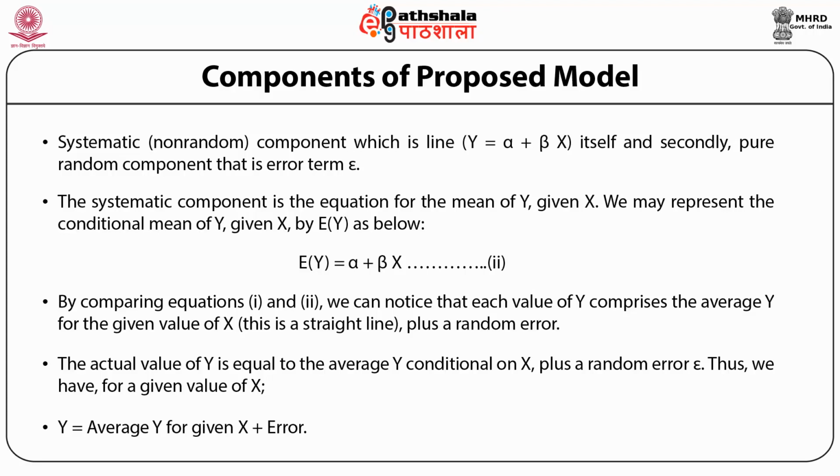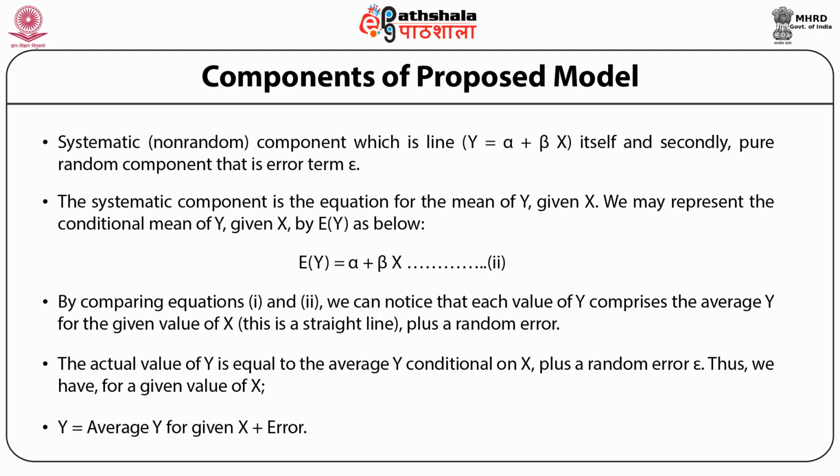Now it is important that the systemic component is equal to alpha plus beta x. That is a very well defined mathematical model, and for this model the value of y can be predicted very easily.